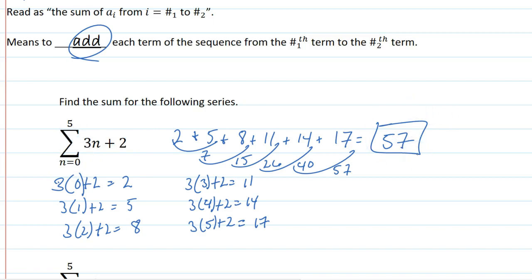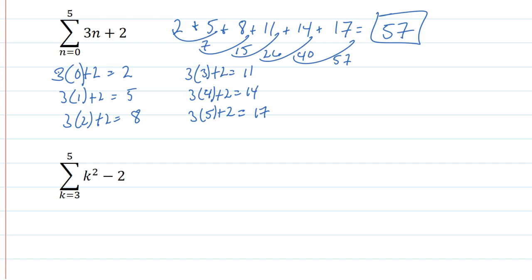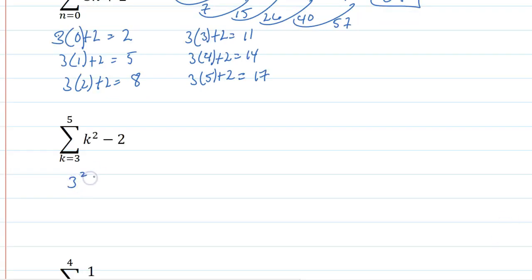Now they won't always use n, they won't always start at 0, and they won't always be arithmetic. Here we have another one that uses k, and it starts at 3. So we would say the summation of k squared minus 2 from k equals 3 to 5. Then just do the math. 3 squared minus 2 is 9 minus 2 equals 7. 4 squared minus 2 gives us 16 minus 2 is 14.